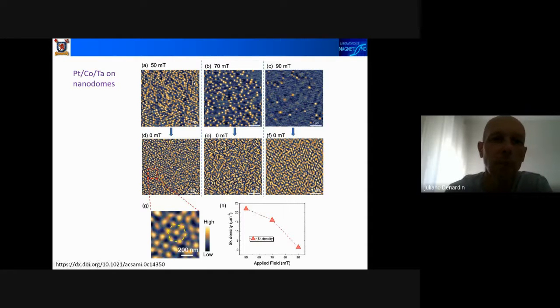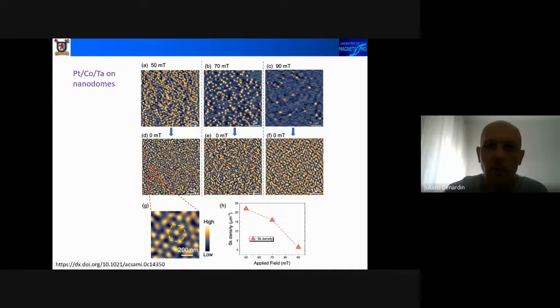We applied a magnetic field of 50 millitesla to the samples with the nanodomes, and went to zero. That means we apply the field, observe a lot of skyrmions nucleate on top of the nanodomes, go to zero, and at zero field, in the remanence, we still see several skyrmions that remain stable on top of nanodomes.